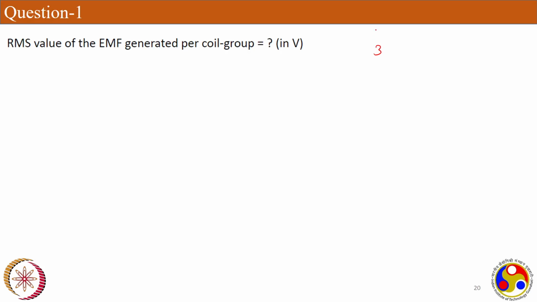Coils are equal to slots here, so there are 3 slots per pole per phase. So there will be 3 coils per coil group per pole per phase. Now, what is the formula for the RMS voltage of the EMF? It's a very standard formula.